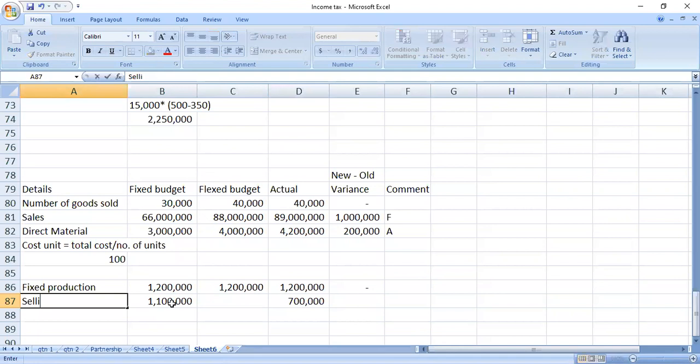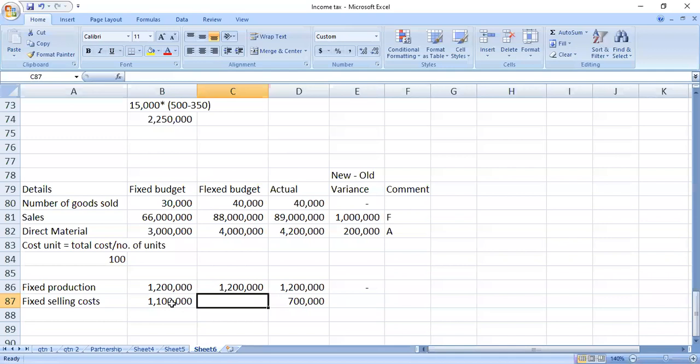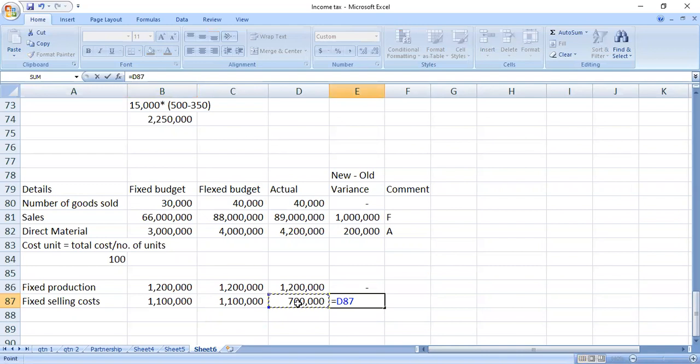So I'm saying when you come to flex, flex is saying fixed is 1.1. Therefore, whether the level of activity changes or not, it's not affected. You still have the same figures, 1.1. Then you compare the actual.